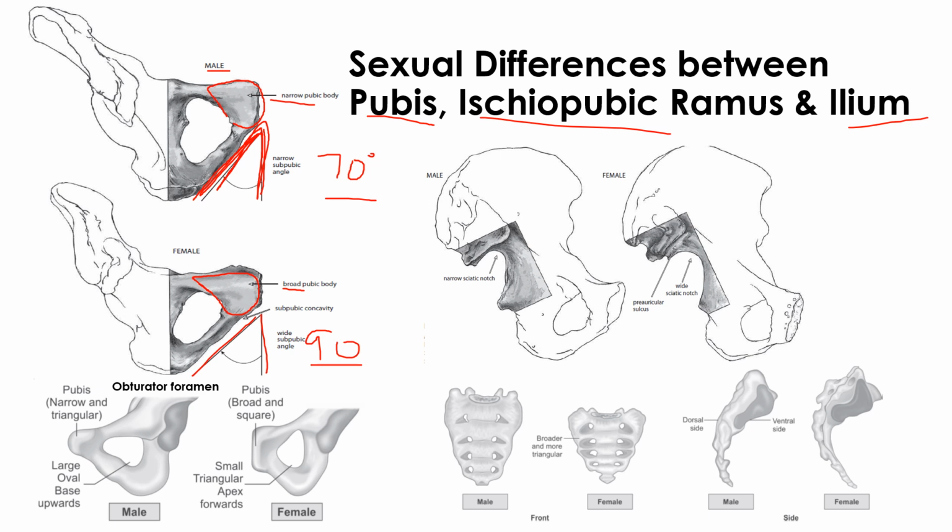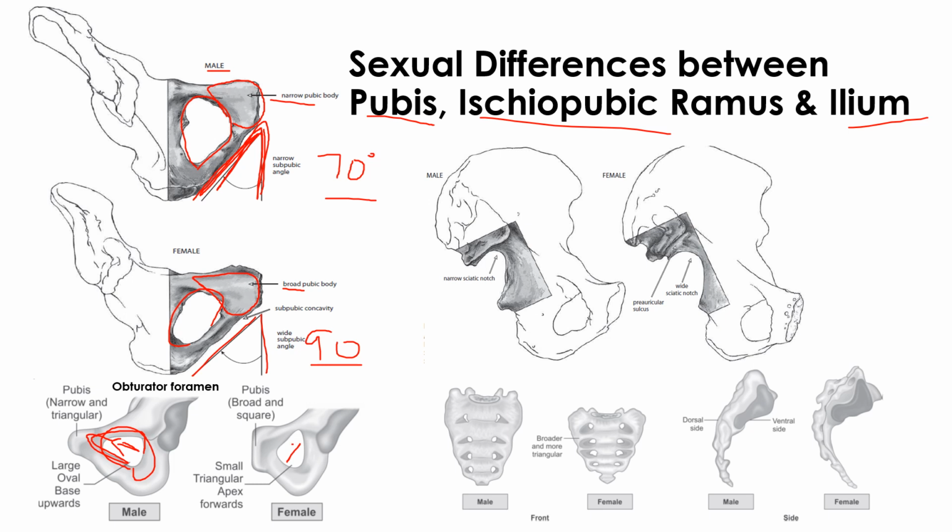Then the obturator foramen, the hole which is seen here. From a certain angle, in the female it is large, oval, with the base upwards. This is the upward direction according to this angle, and this is forward.